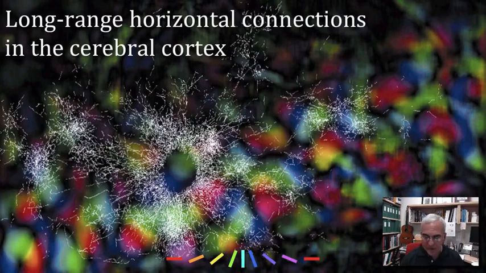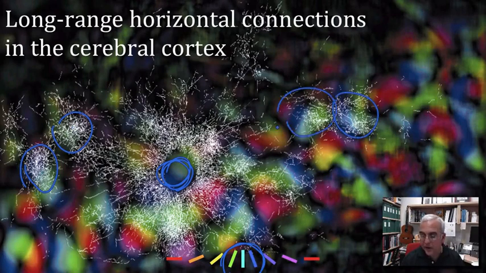And what I mean by that is that if one were to inject, let's say, a region of the visual cortical map that has a preference for near vertical orientations, what we find is a clustering of connections that has a preference for overlying other columns that likewise represent near vertical orientations.